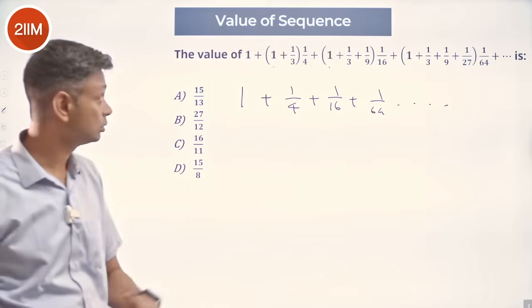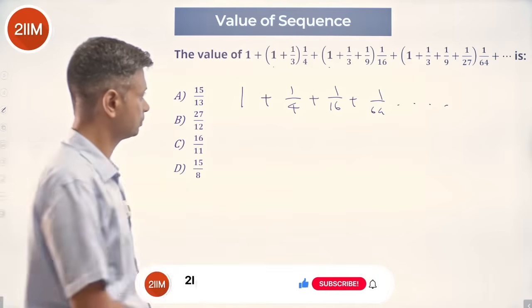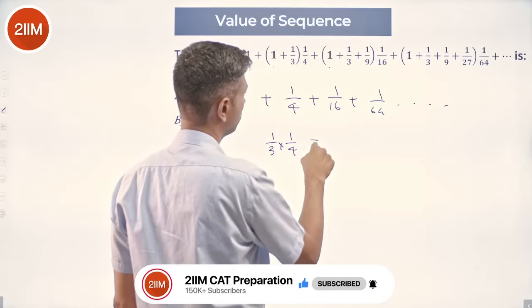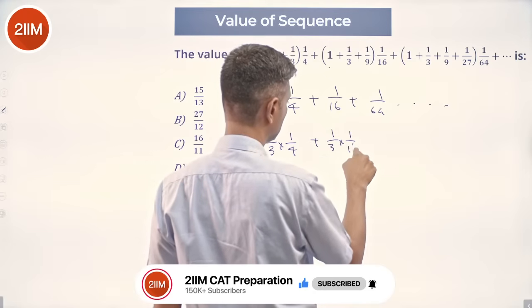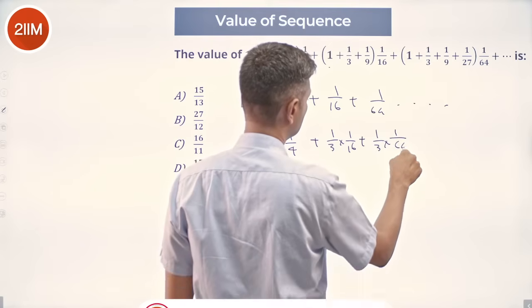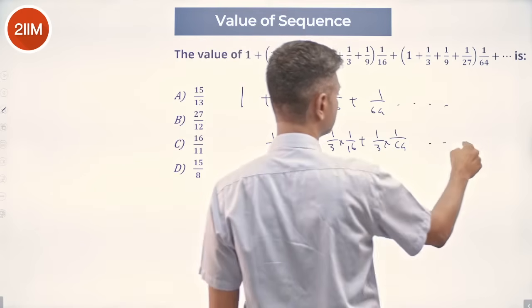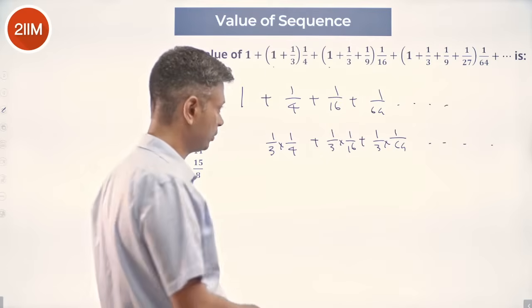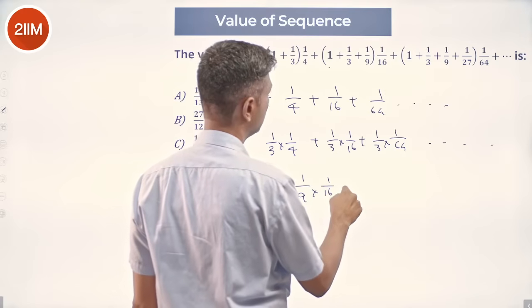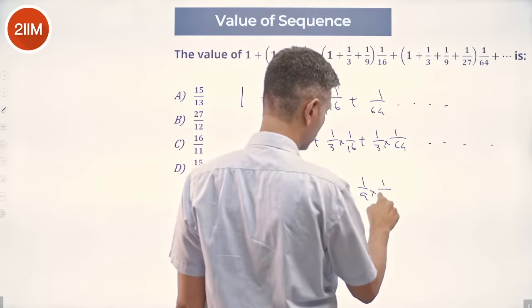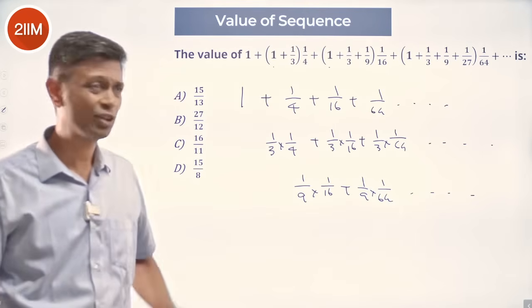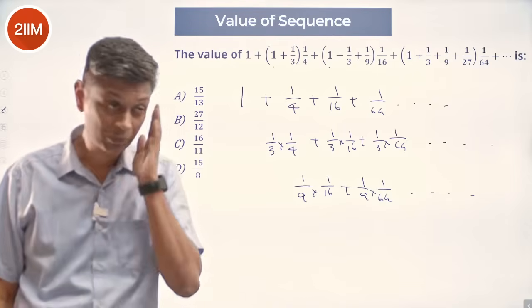Then second terms: 1 by 3 into 1 by 4 plus 1 by 3 into 1 by 16 plus 1 by 3 into 1 by 64 and so on. Next terms of the sequence: 1 by 9 into 1 by 16 plus 1 by 9 into 1 by 64 and so on. Nice.